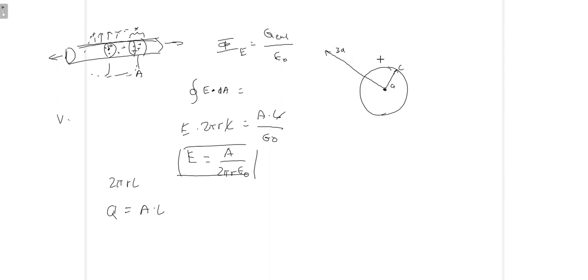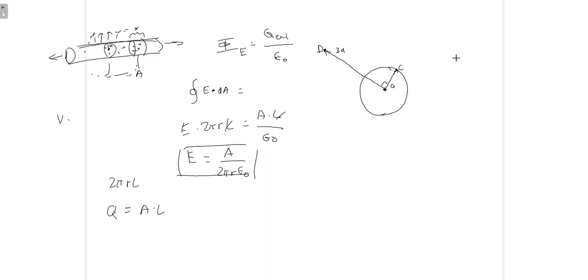There's a 3a here. This is 90 degrees. So in the diagram below, point C is a distance a from the center of the rod, in other words, the rod surface. And point D, here's point D, is a distance 3a from the center, that is 90 degrees from point C. Determine the following: the potential difference between points C and D.